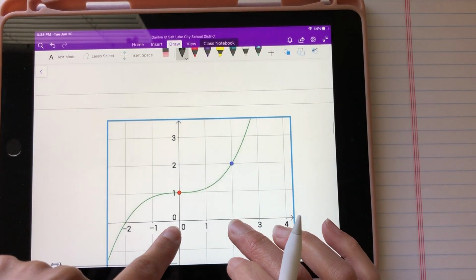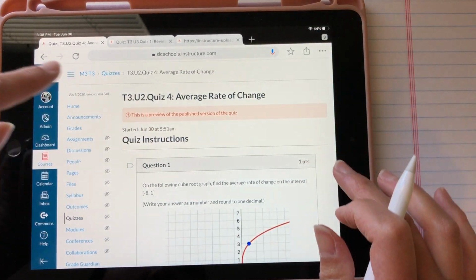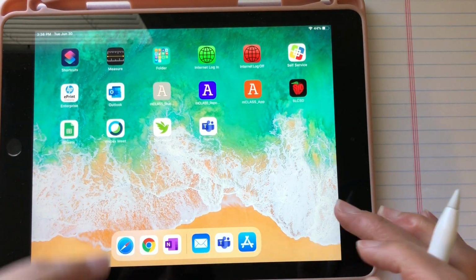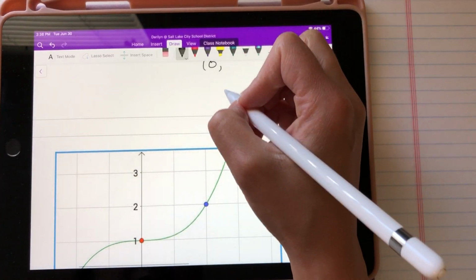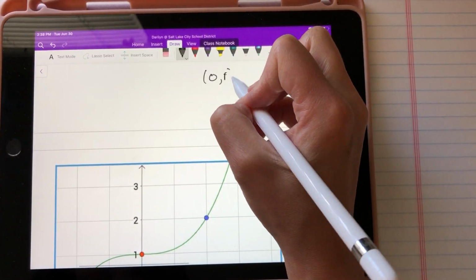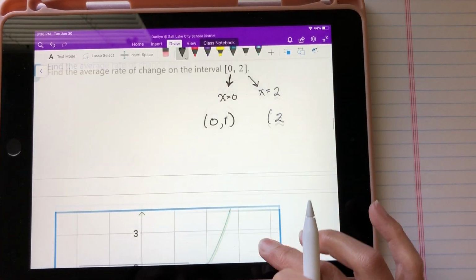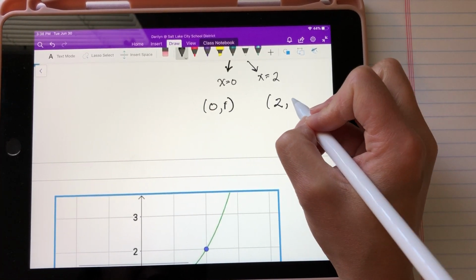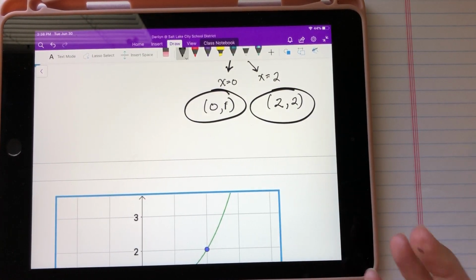So when x equals 0, the y value equals 1 based on the graph. And then when the x value is 2, the y value equals 2.